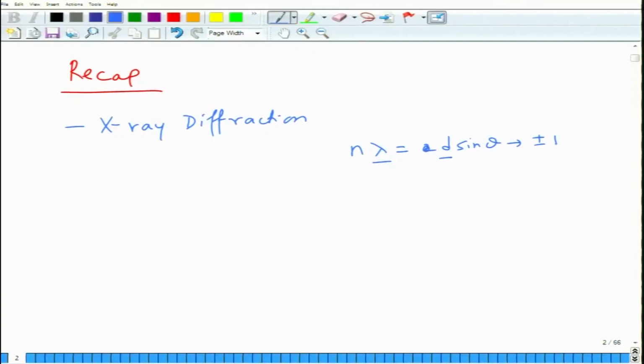So we talked about how X-rays are generated. When a high energy electron beam bombards a target, let us say copper in this case, and it is high enough in energy, it ejects a K-shell electron, which leaves a vacant place.